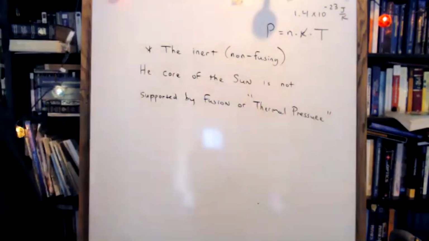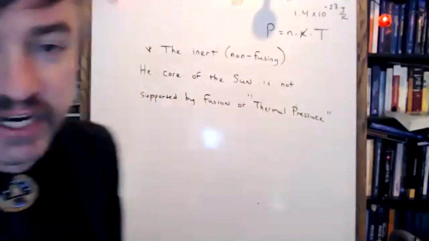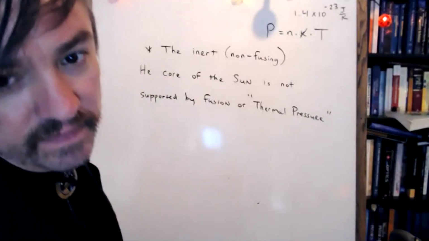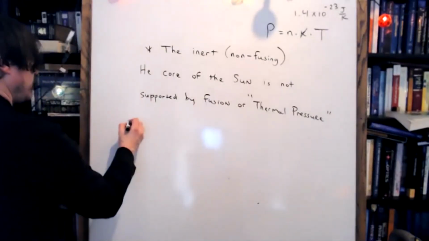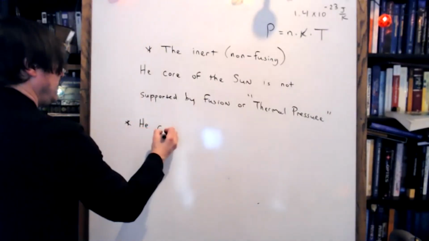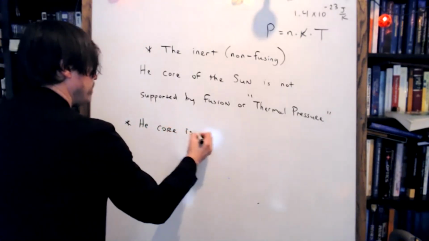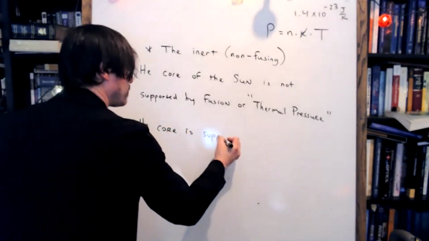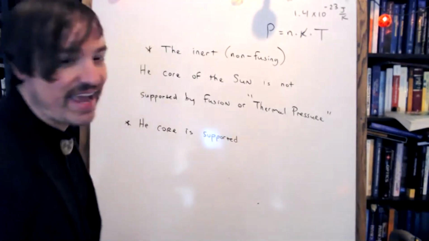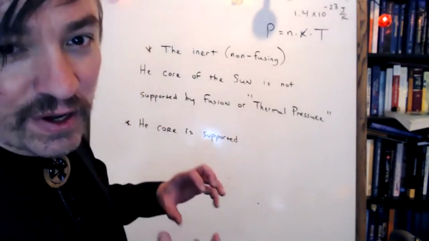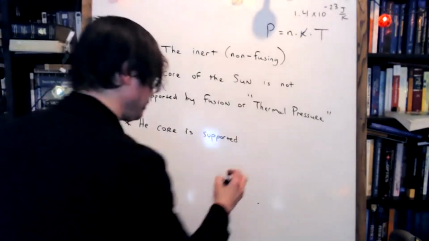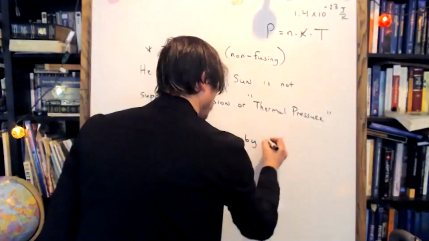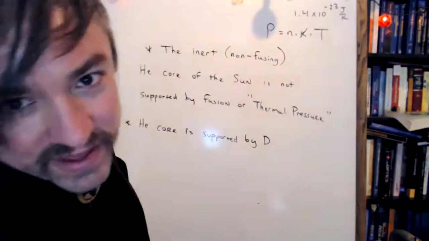Thermal pressure is the normal ideal gas law that you saw me tinkering with inside the box. The helium core is supported by a quantum mechanical fluke of matter called degeneracy pressure.